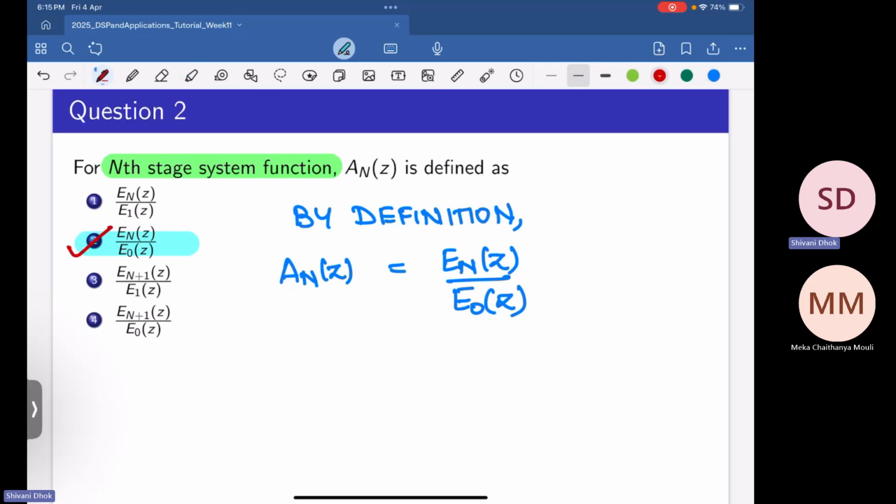These are simple questions from last year's assignment. This is by definition. There is nothing different that I have discussed in this particular part.